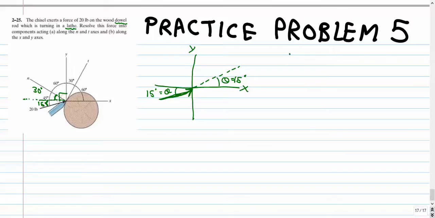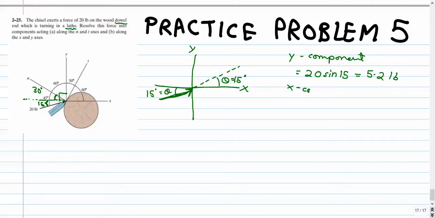So for the y component, we'll simply do 20-pound force multiplied by sine of 15 degrees, and this should give us 20 sine of 15 should give us 5.2 pounds.